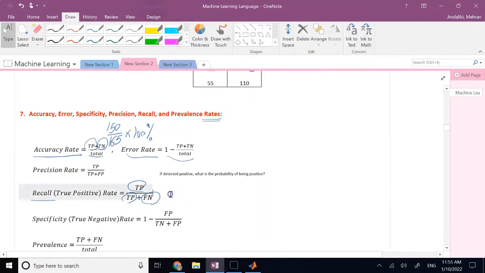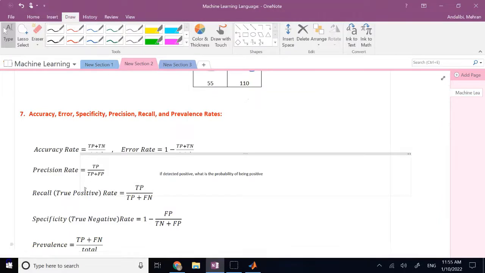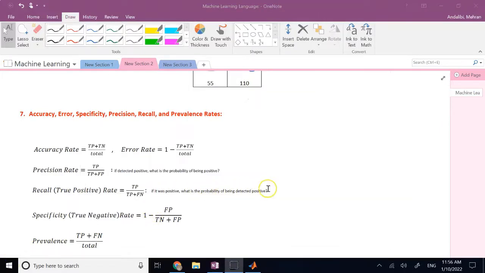Well, for recall, if it was positive, what's the probability of being detected as positive?